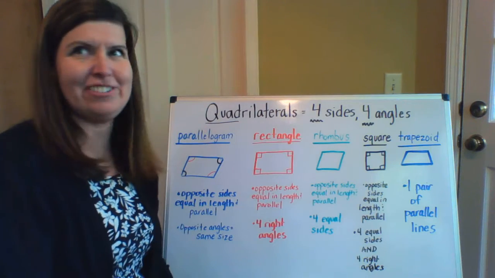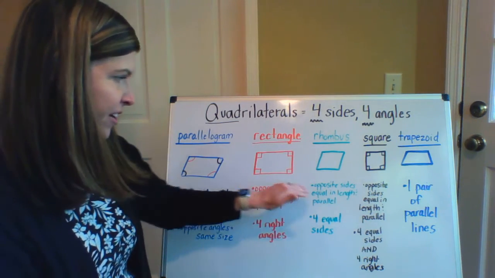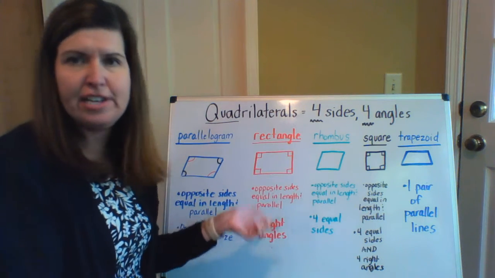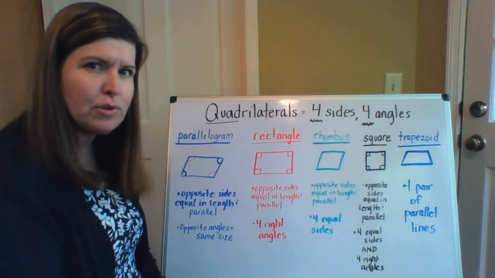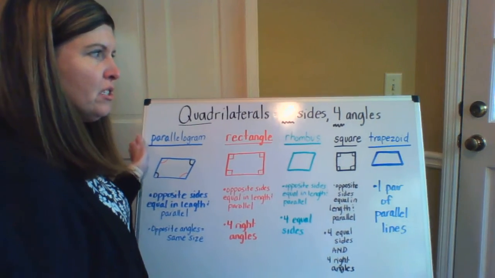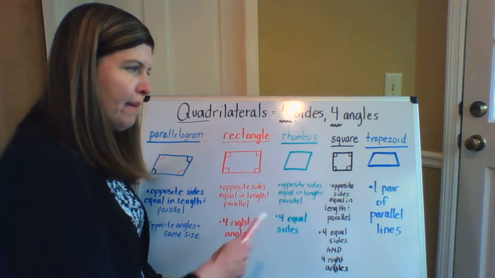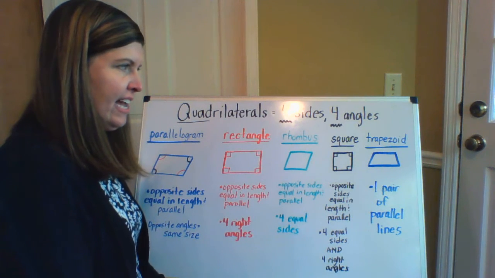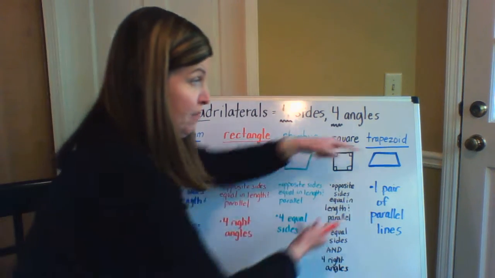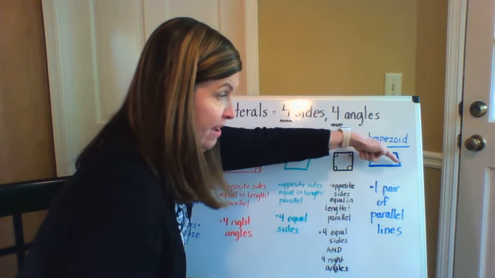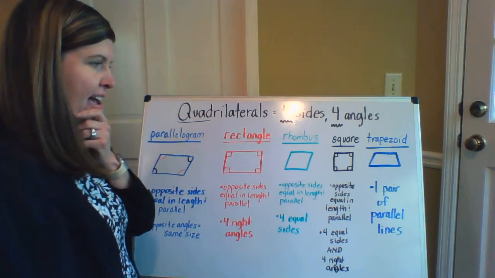The last one is a trapezoid. Now this is different than all the other ones because all of these have the characteristics that the opposite sides are equal in length and parallel. Trapezoids aren't. So if I take this trapezoid, the characteristic that it has is that the opposite sides aren't equal in length, because if you look at this, this is not the same distance as this, and this is not going to be the same distance as that.